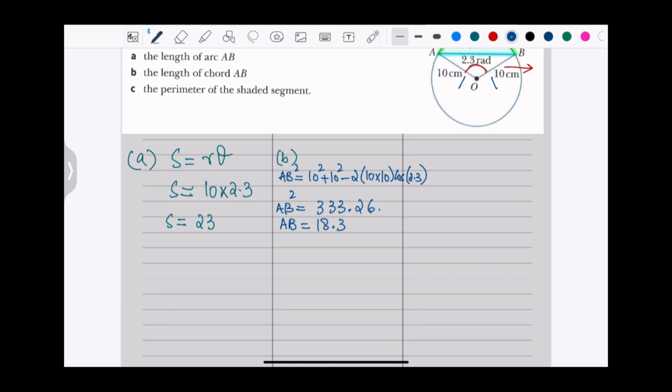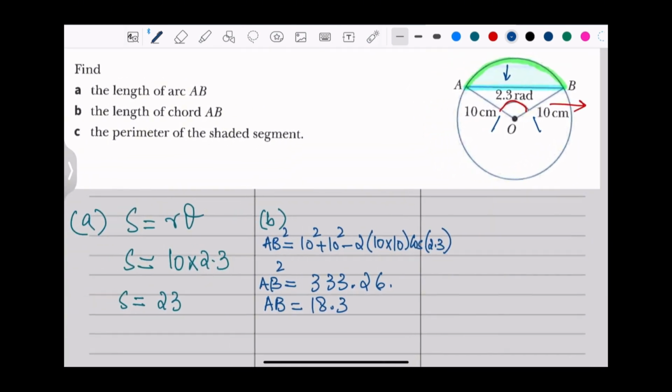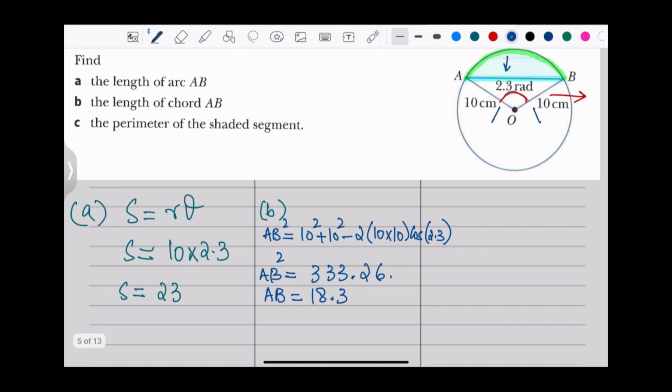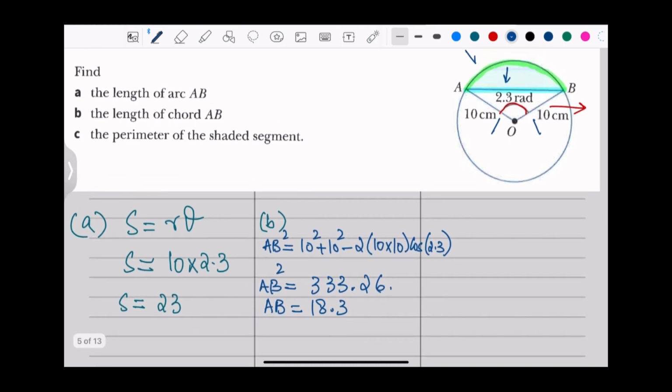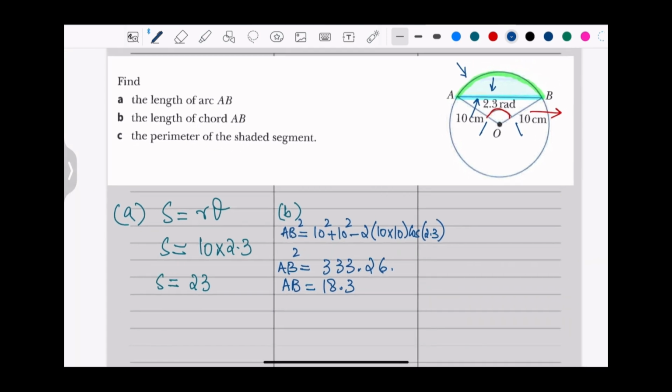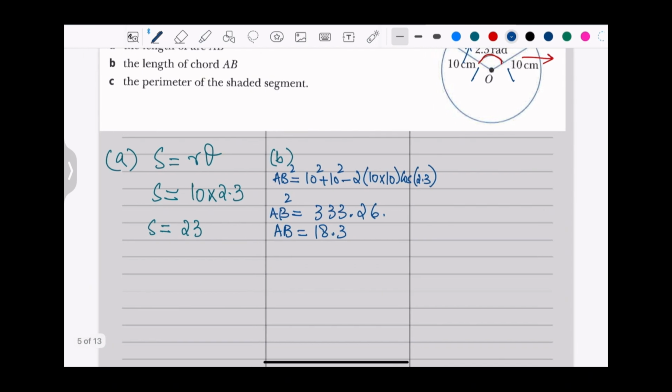The perimeter of the shaded region. The perimeter of the shaded region is everything that touches that shaded region. So as I can see, the green arc is touching, as well as the blue line, that is the chord AB. So I'll write a statement. The perimeter is going to be length of arc AB plus length of chord AB.